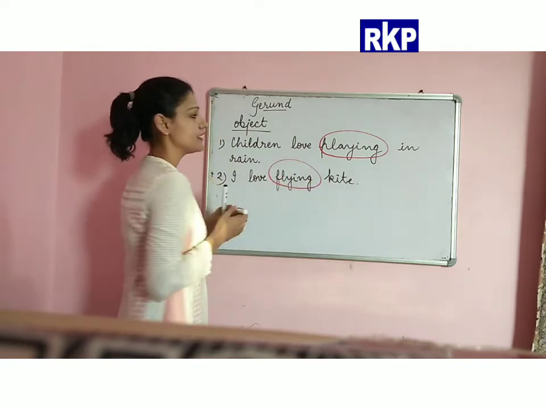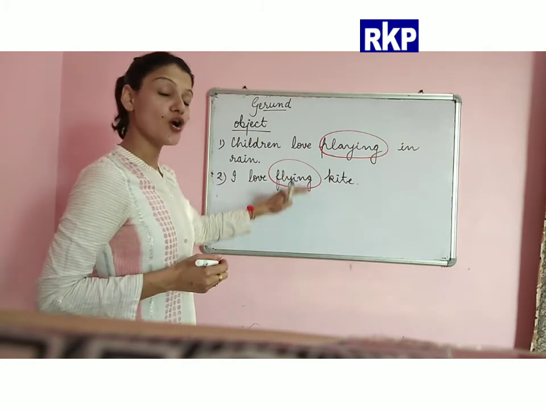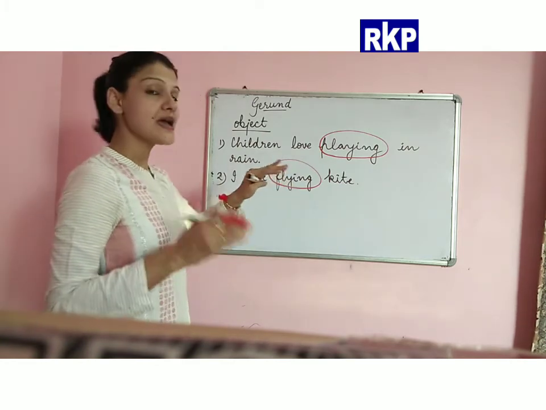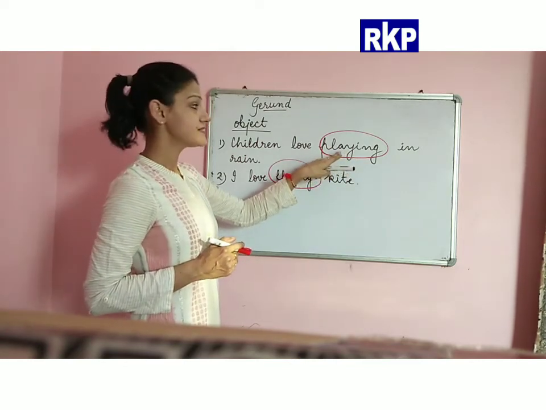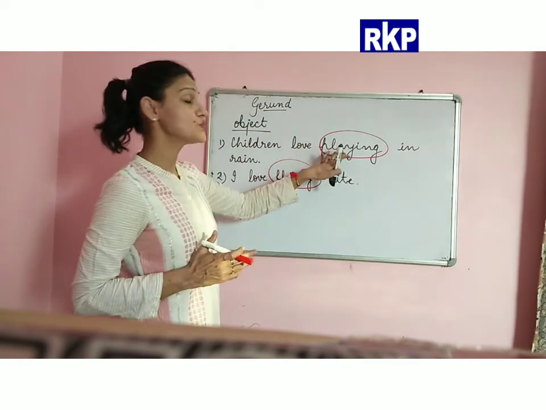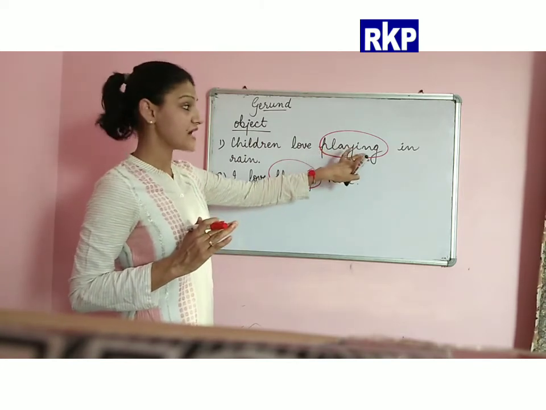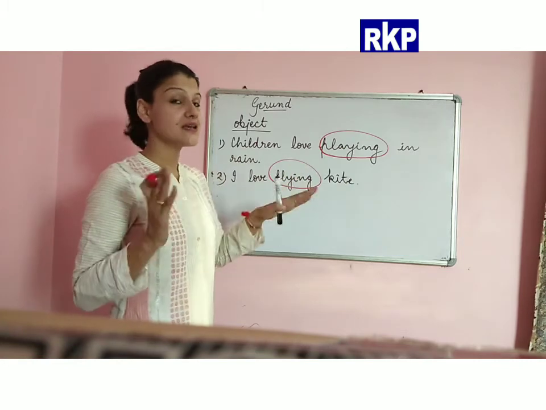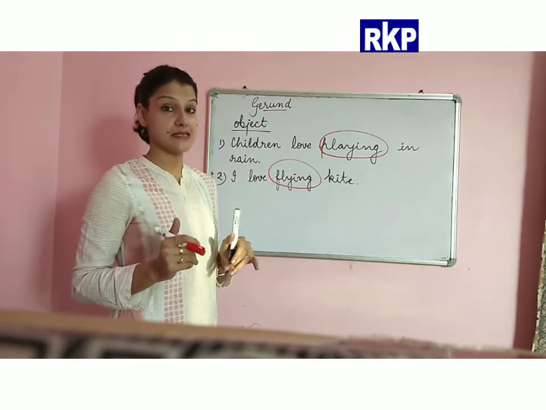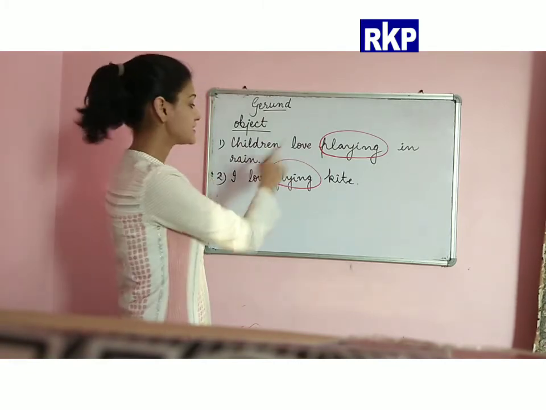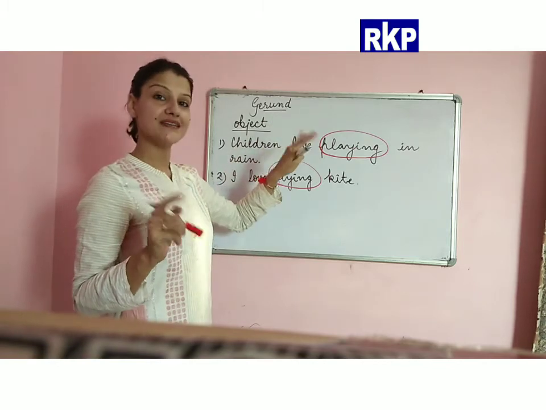So playing and flying are the objects in the sentences, and we have used a gerund here which is acting as the object. This is the ing form, that is gerund, and they are not showing the tense. So this is how we use a gerund as the object in the sentence.